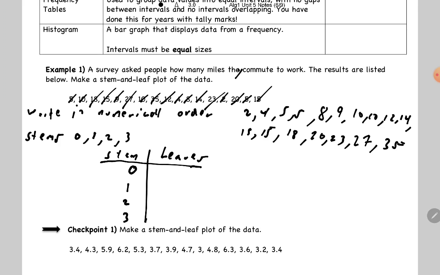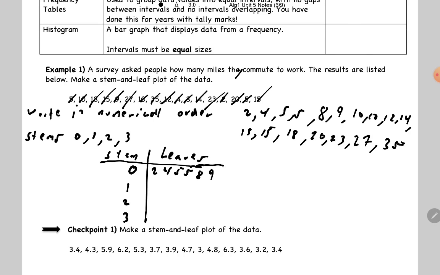From 0 to 9, all you have to do is put the number from the data. So there's 2, there's 4, there's 5 twice, and 8, and 9.